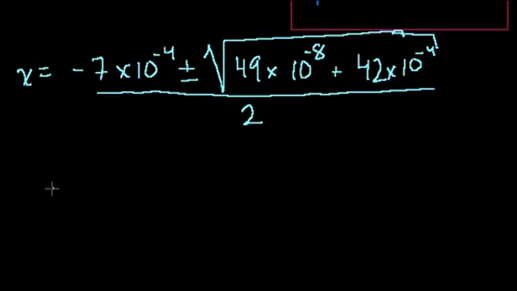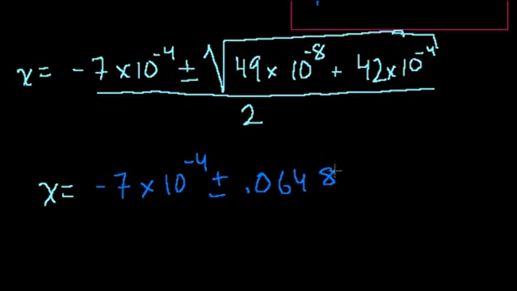So far we get x is equal to, I'll arbitrarily switch colors, minus 7 times 10 to the minus 4 plus or minus 0.0648, all of that over 2. And just to be clear, if we subtract it right here, we get a negative number. This is already negative, so if we subtract it, we get a negative number.